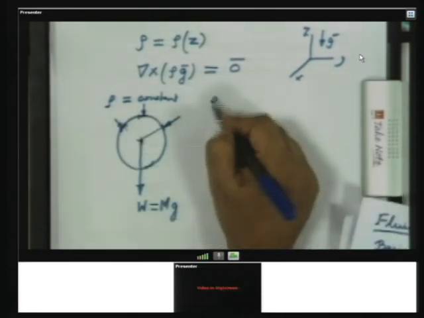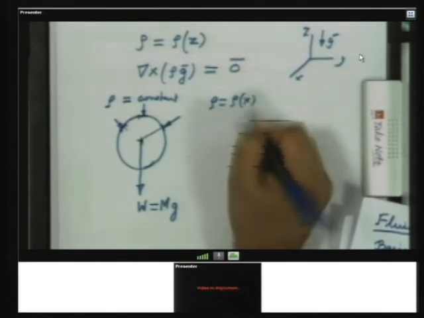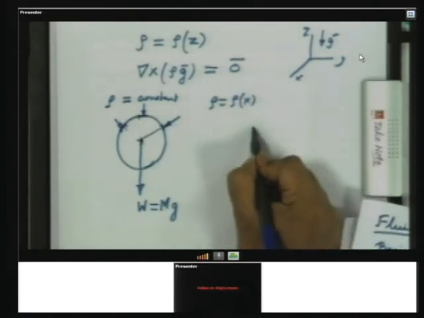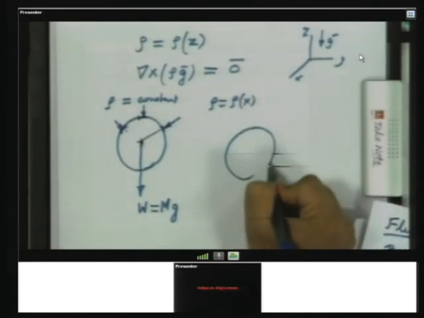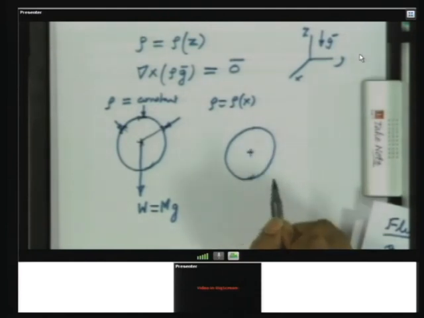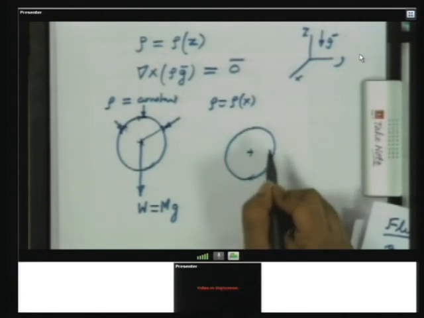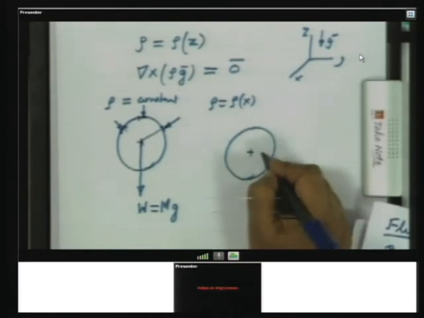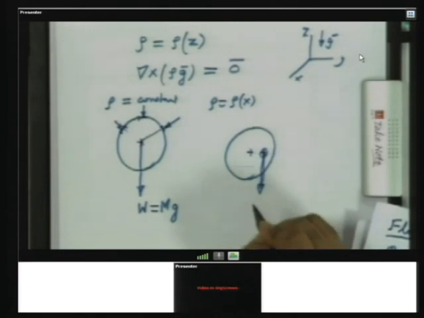Now, let us say rho is a function of x. We consider again the fluid element of the same shape. This is the centroid or the geometric center. Now, the center of gravity is going to be shifted horizontally because the density is varying. So, suppose the center of gravity is somewhere here, then the weight will act here.